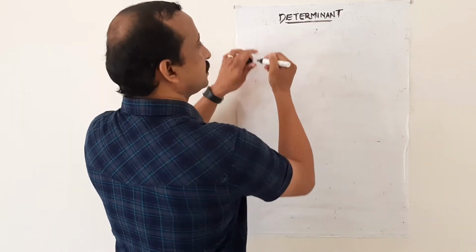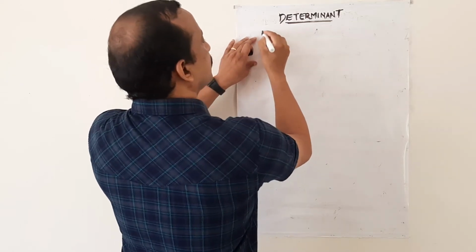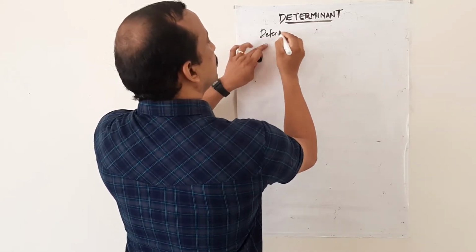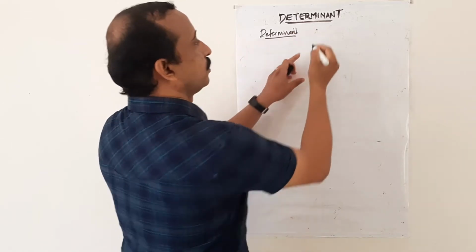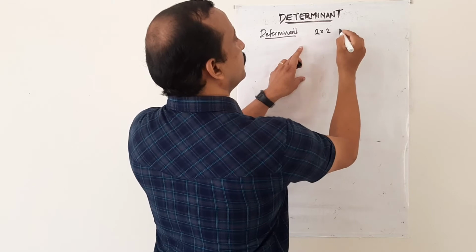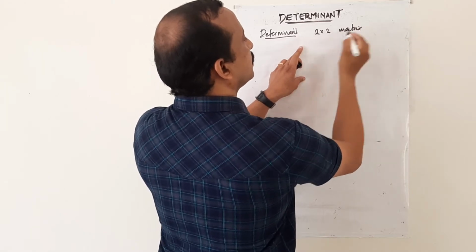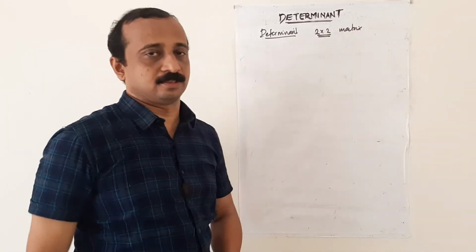First of all, let us discuss the determinant of a 2 by 2 matrix. How to find it? It's a very simple portion.